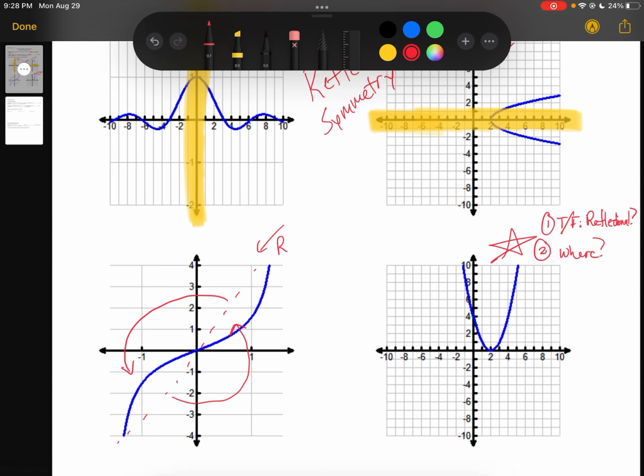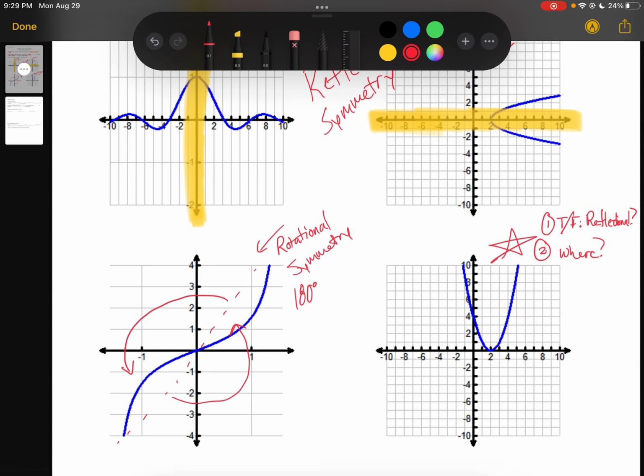So this one here is an example of rotational symmetry. And like Bon Jovi, it's halfway there. 180 degrees. Okay, so not a full rotation, and that is why it does have rotational symmetry, because it's less than 360 and it will fold exactly over on itself at 180 degrees.